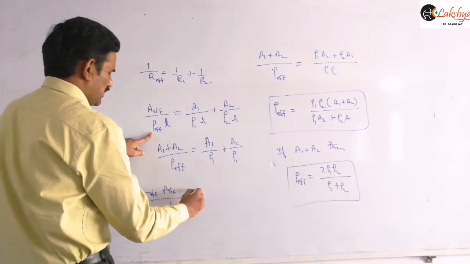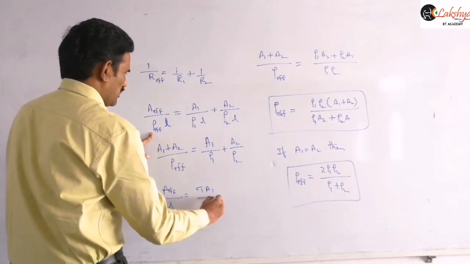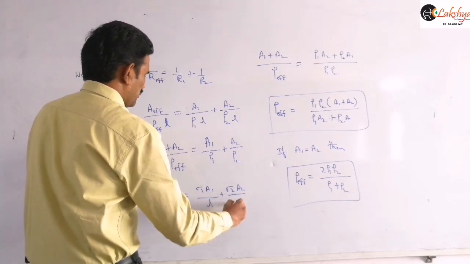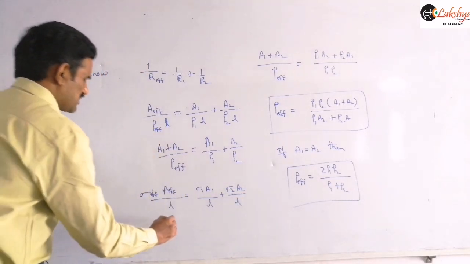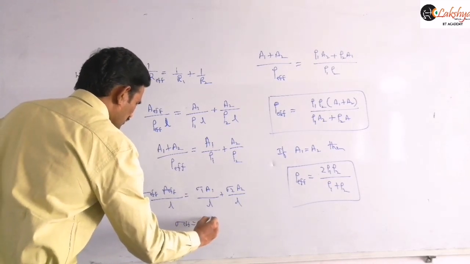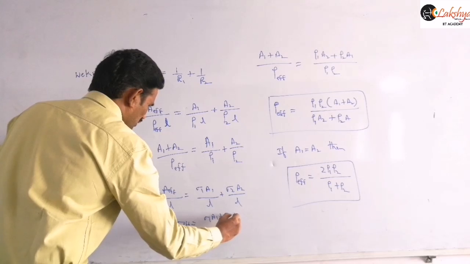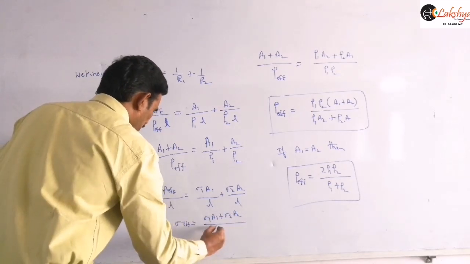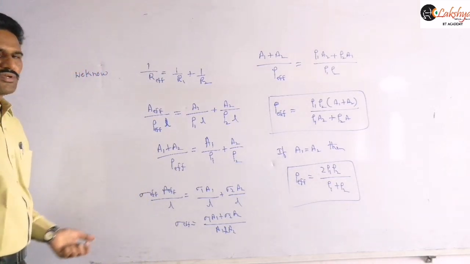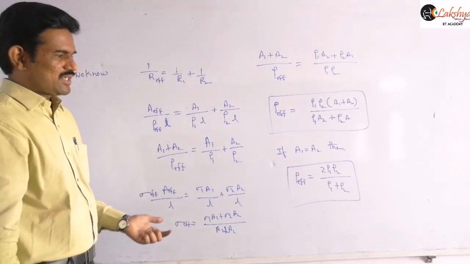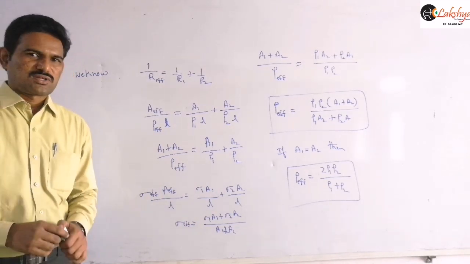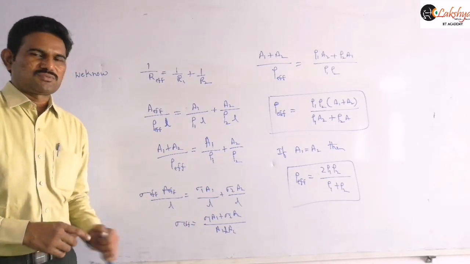Similarly here it is sigma 1 into A1 by L plus sigma 2 into A2 by L, and therefore sigma effective is equal to sigma 1 A1 plus sigma 2 A2 by A1 plus A2, right? So you can calculate like that if they are asking about conductivity. Here I am asking about the resistivity, so you will get a resistivity expression like this. Now this is the effective conductivity of this material.